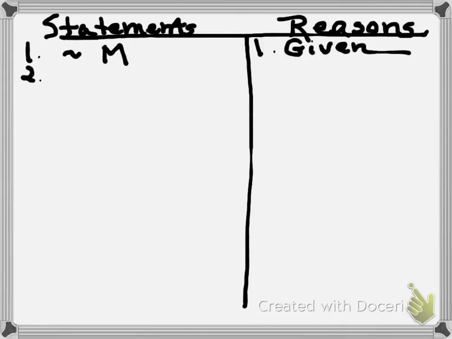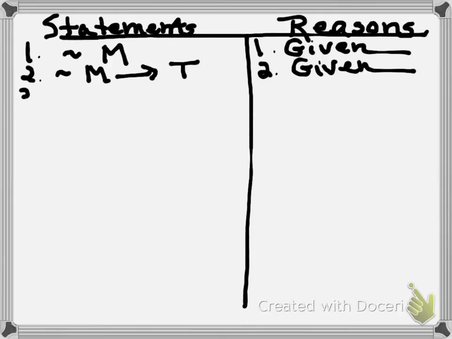Then I have not M implies T. Is given. Putting these two together. This is a conditional, the hypothesis of which is true. Therefore, the conclusion must be true because T implies F would have been a false conditional.